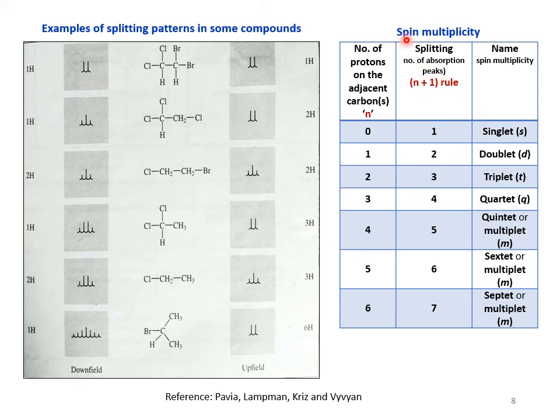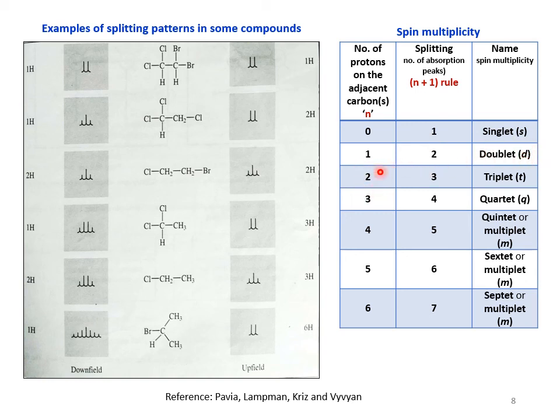So here you can see the spin multiplicities. This is the number of protons on the adjacent carbon atoms, that is n, the splitting which is obtained by the n plus 1 rule, and the name of the spin multiplicity. If there are no hydrogens present on the adjacent carbon atom, then n plus 1 will become 0 plus 1, which is 1, and the signal will be a singlet, designated as S. If there is one hydrogen on the adjacent carbon atom, the signal splits into 2, called a doublet, designated as small d.